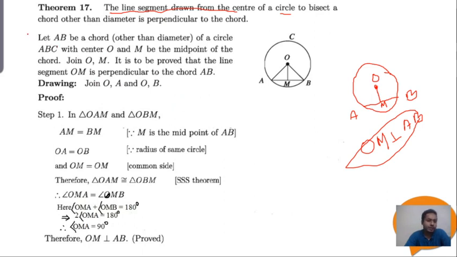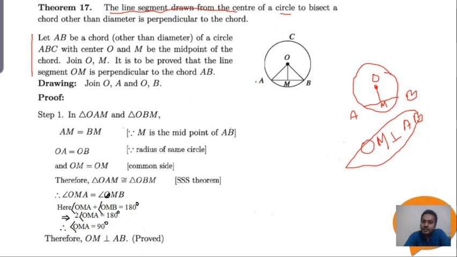This is the particular enunciation. Please don't memorize this proposition because you can describe the proposition in your own language. Just think which is given. Given is OM as a bisector and AB is a chord.